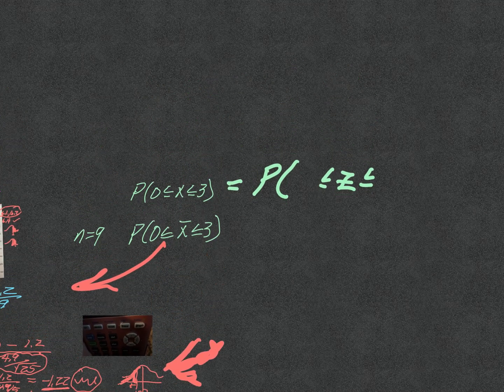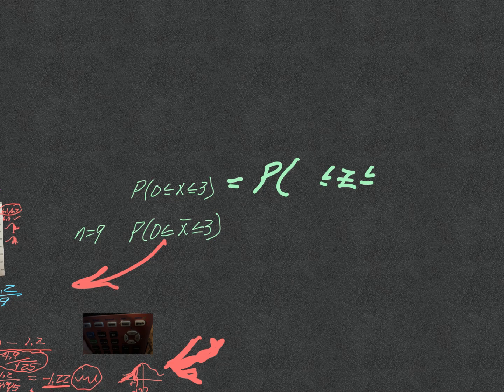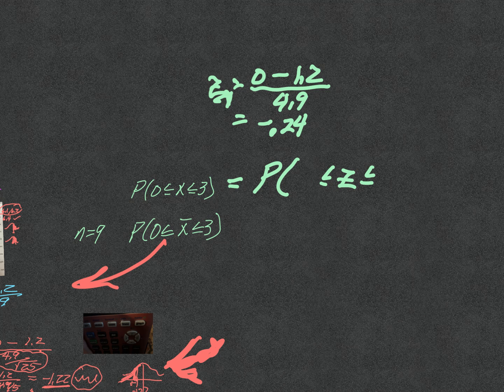For the A problem, that would be 0 minus 1.2 divided by 4.9, and I'll call that z1. That's going to equal negative 1.2 divided by 4.9, which is equal to negative 0.24.